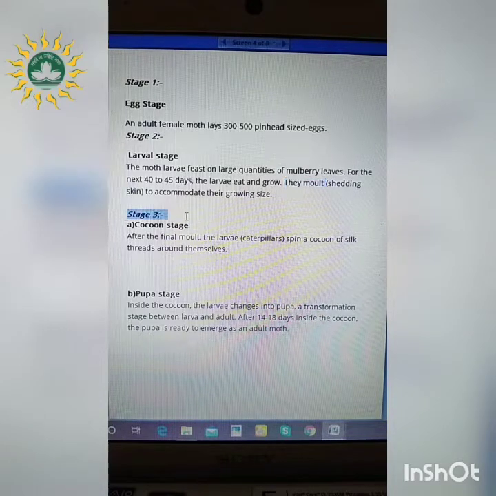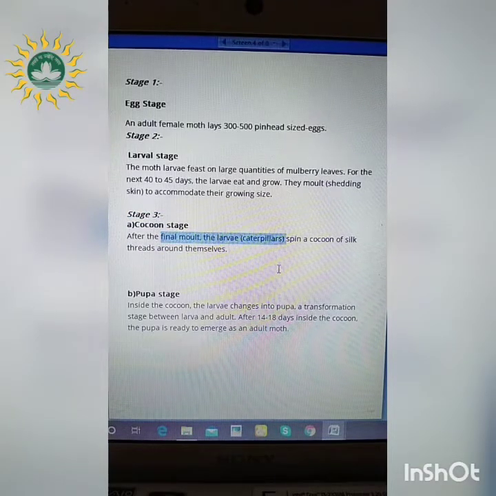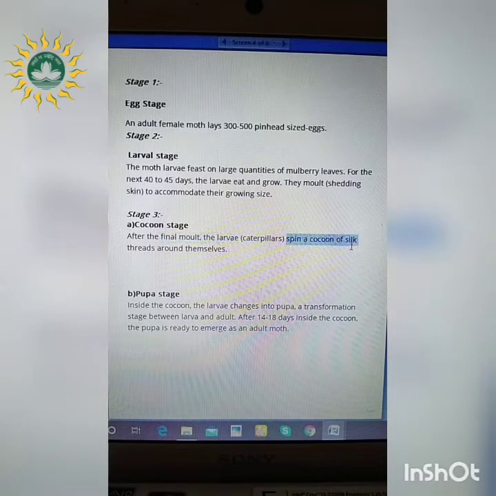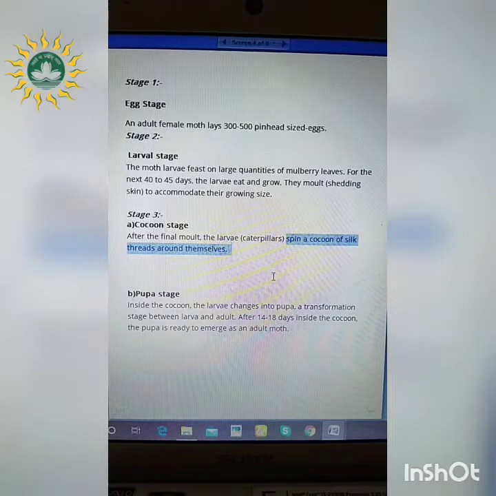Stage number 3 has 2 sub-stages. One is the cocoon stage, another one is the pupa stage. In the cocoon stage, whenever the final molt of this larva is done, the larva is named a caterpillar. They spin a cocoon of silk threads around themselves. There is one thread which is spun around themselves.